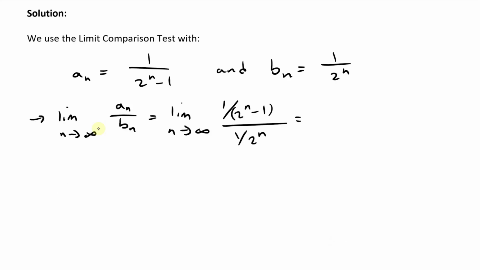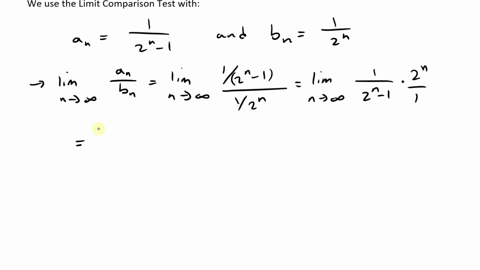To simplify further, we write this as simplified fractions: 1 over 2^n minus 1, divided by a fraction, so the denominator gets flipped on top, times 2^n over 1. Simplifying further, the limit as n approaches infinity is equal to 2^n over 2^n minus 1.